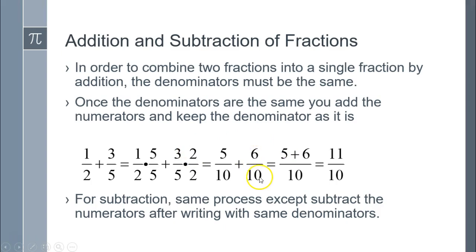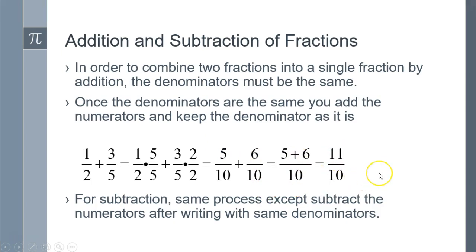So you get 6/10, and if you took a circle and colored 6/10 of it, you would have the same area colored as if you colored 3/5 of it. If you colored 5/10 of a circle, it would be 1/2 of it covered. So now I have the denominators the same. I can just add the numerators and leave the denominator as it is. So I get 5 plus 6 over 10, 11/10.